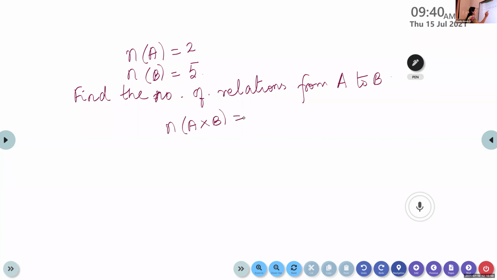A cross B will contain 10 elements, isn't it? 2 into 5. So the number of relations that can be defined is 2 raised to 10. Is it clear? Is it okay, Akshay?